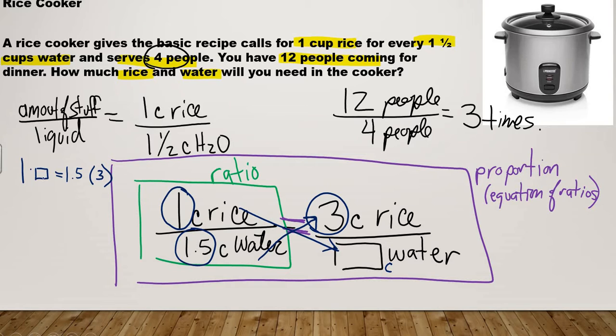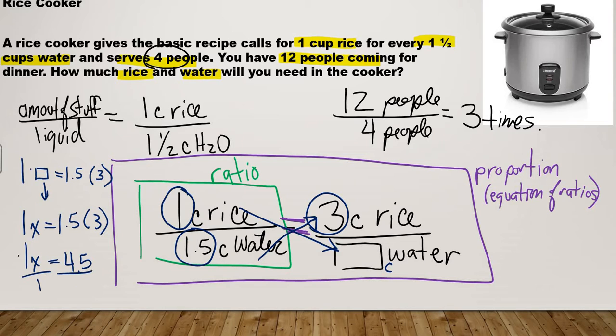If we were in algebra class, we would simply take that unknown and we'd make it that infamous x. So we simply do 1.5 times 3. So $1.50 times 3, that's $3 plus 50 cents, that's $4.50. So 1x equals 4.50.